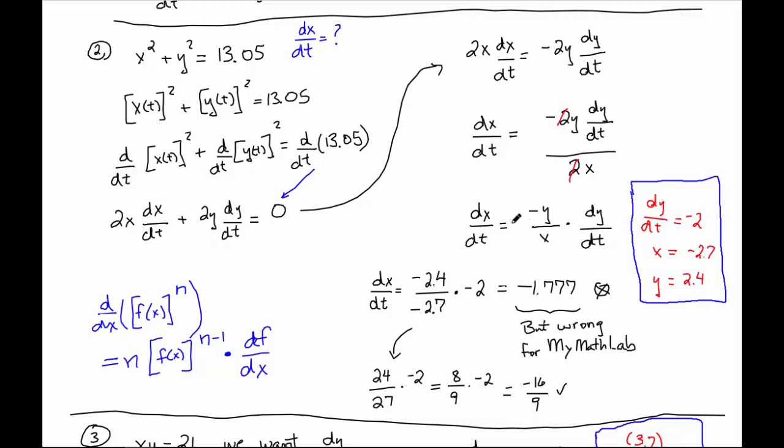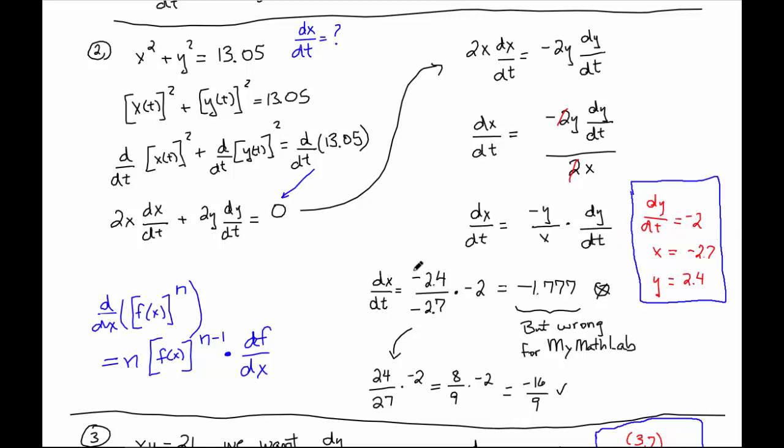Now, at that point, we go look to see what information we were given. We were given x is negative 2.7, y is 2.4, and dy dt is minus 2.